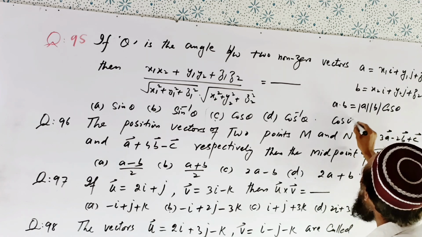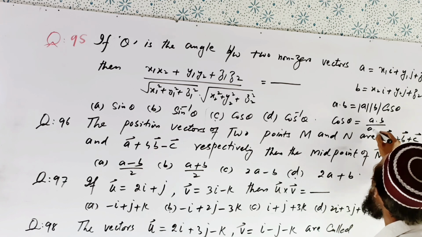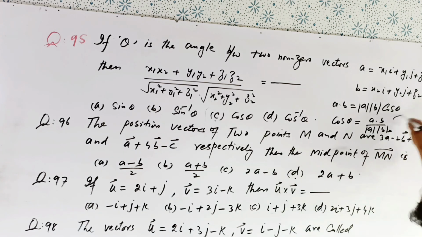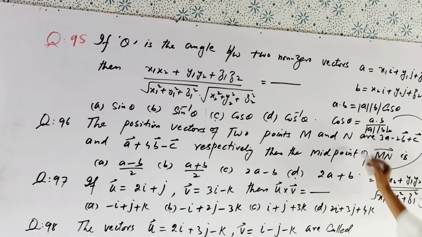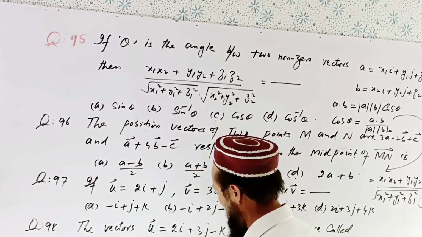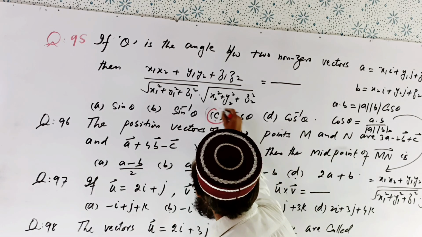And cos theta we can write as a dot b divided by a magnitude and b magnitude. According to this property, a dot b means x1 x2 plus y1 y2 plus z1 z2, and the magnitudes are the square roots of x1 square plus y1 square plus z1 square, and x2 square plus y2 square plus z2 square. So this is the property we get here. Cos theta is given, so option C is the correct answer.